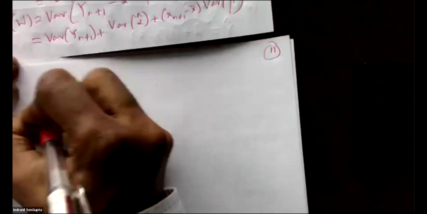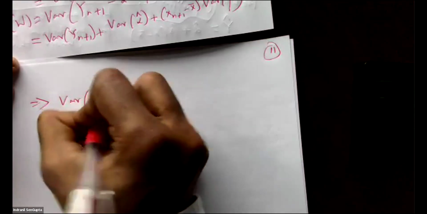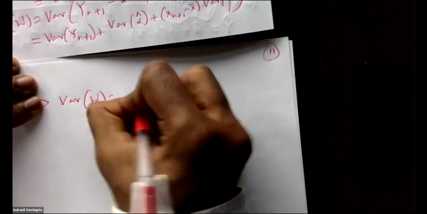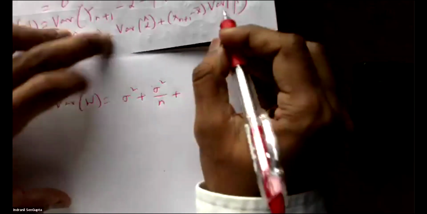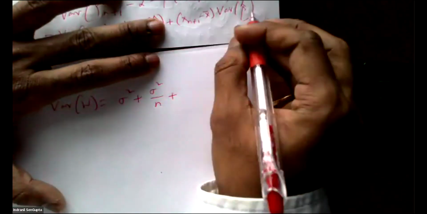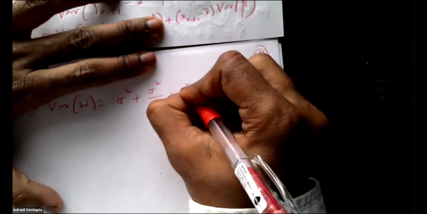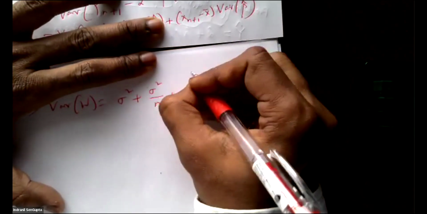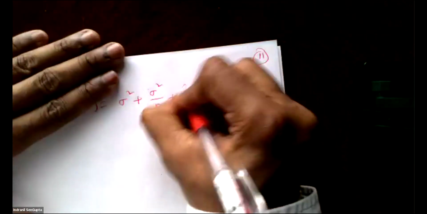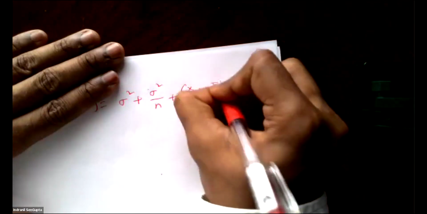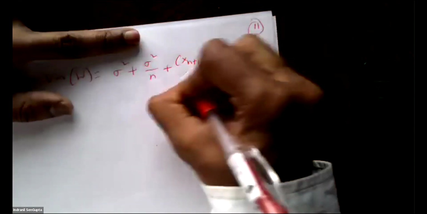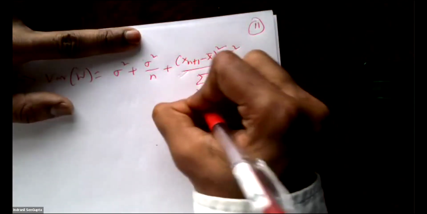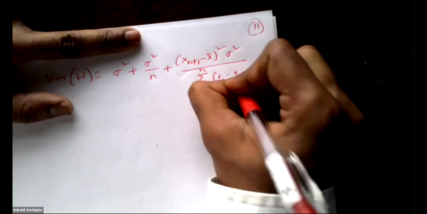So if you use all the information, this is sigma squared. This is sigma squared over n, and the last term should be squared here, so it's xn plus 1 minus x bar squared, and variance of beta hat is sigma squared over the summation i from 1 to n of xi minus x bar squared.